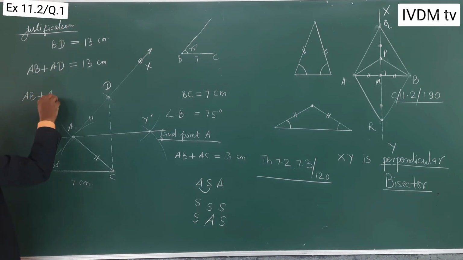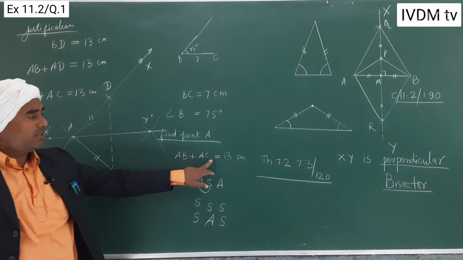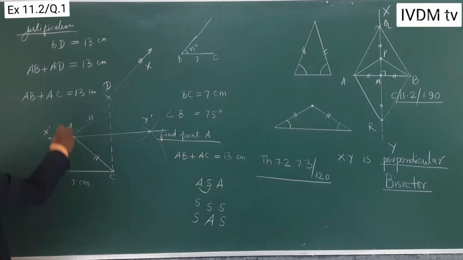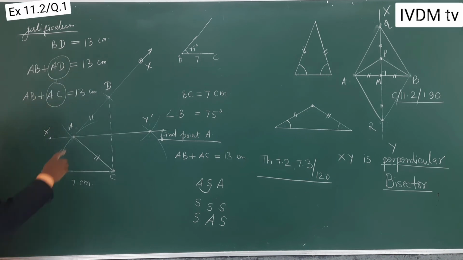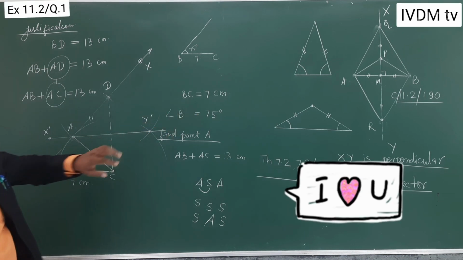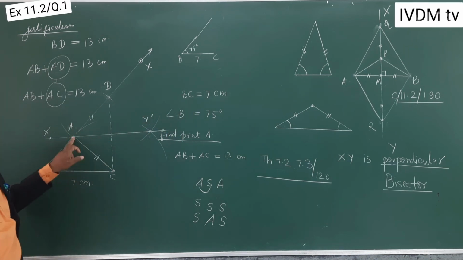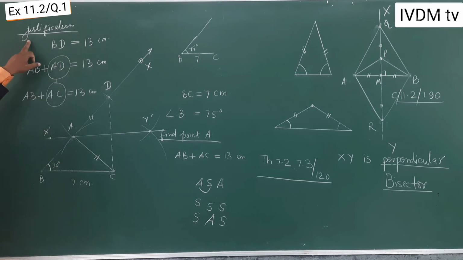AB plus AC is equal to 13 centimeter. So this was the condition. This has happened due to this quality only, because by the theorem of perpendicular bisector, AD and AC will be equal. Just write perpendicular bisector. So the third condition holds. So it is justification.